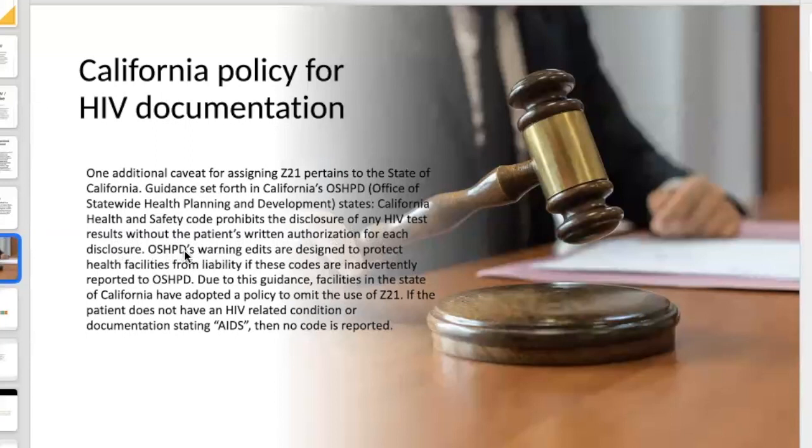OSHPD's warning edits are designed to protect health facilities from liability if these codes are inadvertently reported to OSHPD. Due to this guideline, facilities in the state of California have adopted a policy to omit the use of Z21 if the patient does not have an HIV-related condition or documentation stating AIDS, then no code is reported. So you guys see this again?